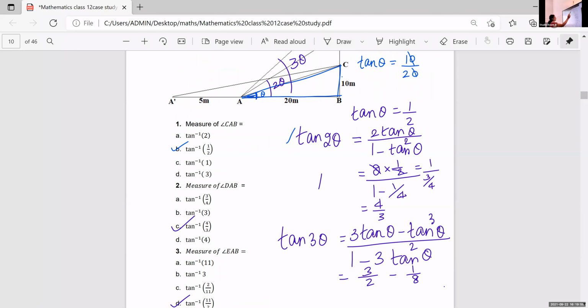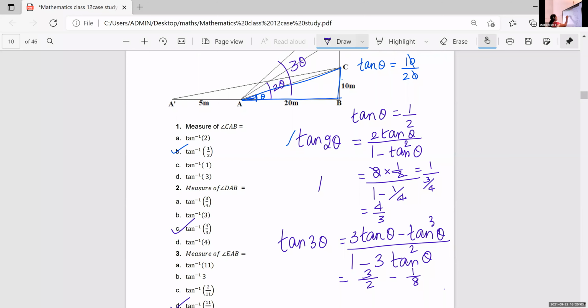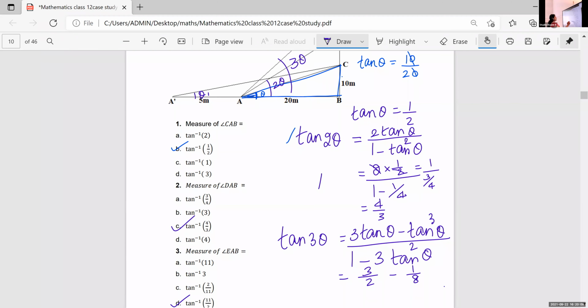Now we want to find CA dash B. Suppose this angle is theta 1. So it will be tan theta 1.